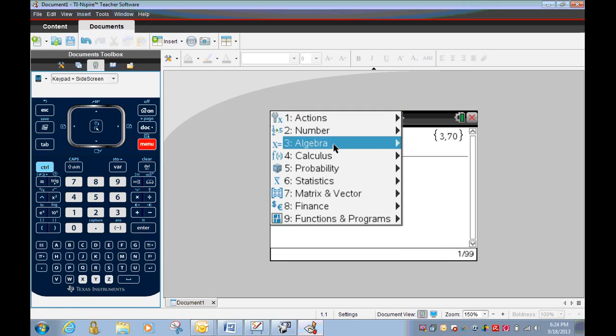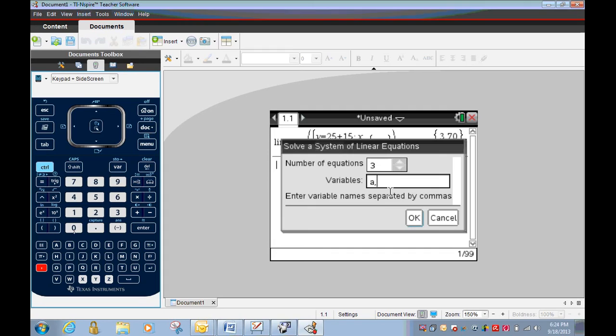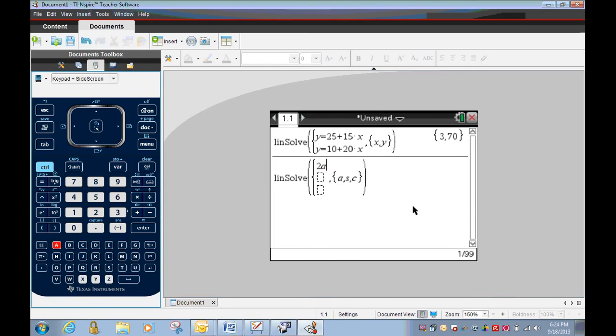We go menu, algebra, solve systems of linear equations. This time we have 3 variables, and we can write them as A, S, and C. And then we hit OK. And then we type in our equations, 2A plus 2S plus C equals 52.